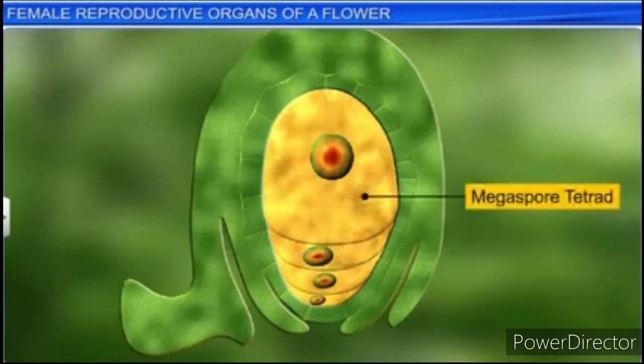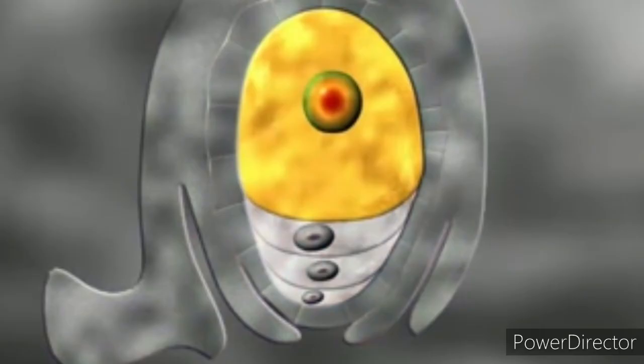Now here also, from the megaspore mother cell, 4 haploid megaspores will form. Out of the 4 megaspores, usually 3 megaspore cells will degenerate or disappear, and 1 megaspore cell at the micropylar region enlarges to become a functional megaspore that is called the embryo sac.